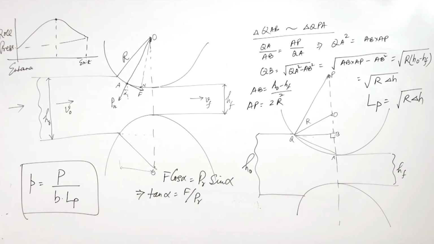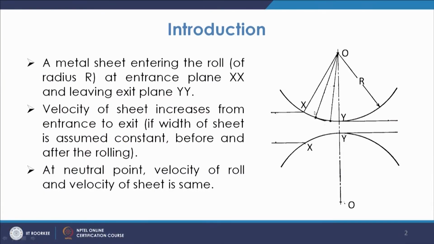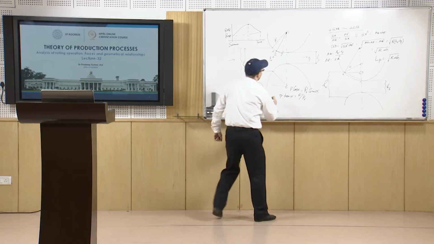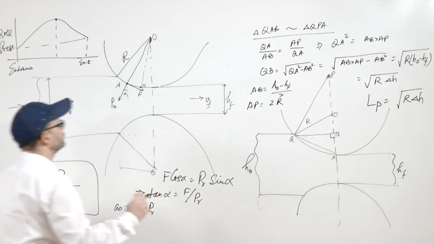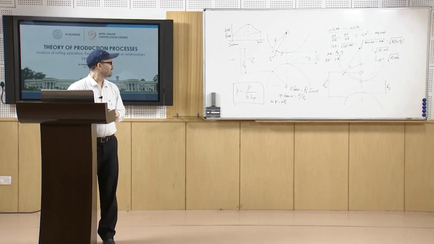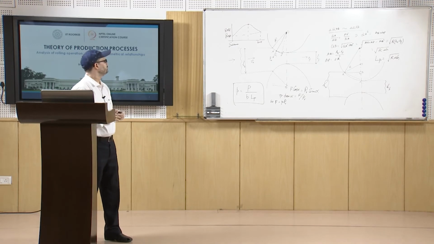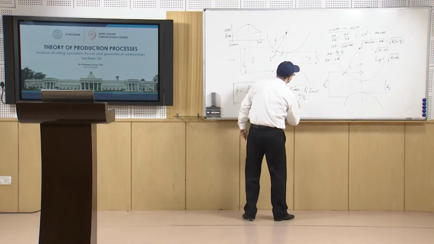If you look at this point, suppose here you have F in this direction and PR in this direction. So, you will have F by PR as tan alpha. Now, F will be mu PR, because you will have the coefficient of friction at the metal interface. So, mu will be F by PR. That is why you get mu as tan alpha.